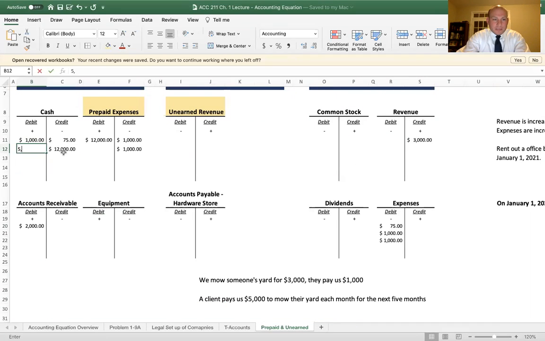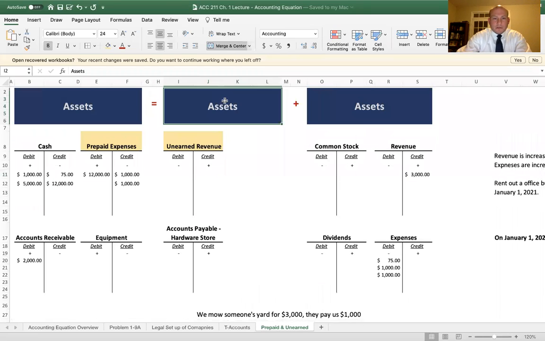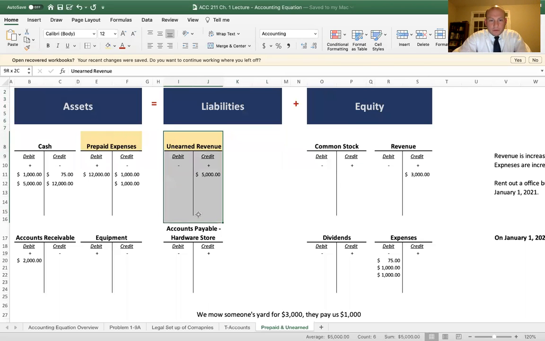We debit our cash for $5,000, and we increase liabilities by $5,000. The reason it's a liability is because we owe this client something. We don't owe them money, but we do owe them some mowed yards. Therefore, unearned revenue is under liabilities.